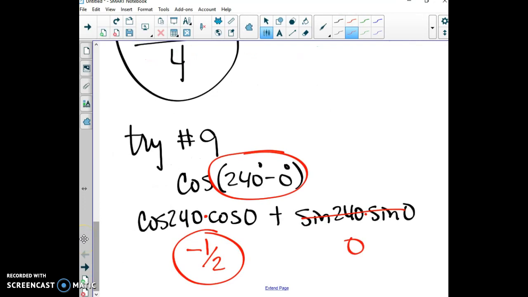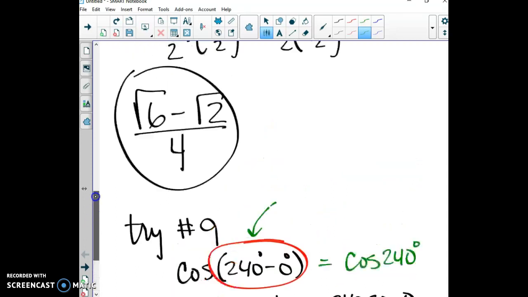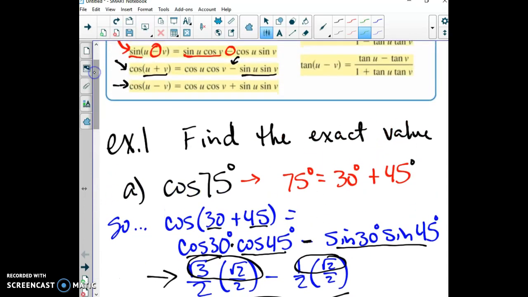Well, on first glimpse, I know what you're thinking. The cosine of 240 minus 0 is simply the cosine of 240. This is simply a way of proving that our formulas are truly at work for us. So the difference formula for cosine, remember, is cosine u cosine v plus sine u sine v.